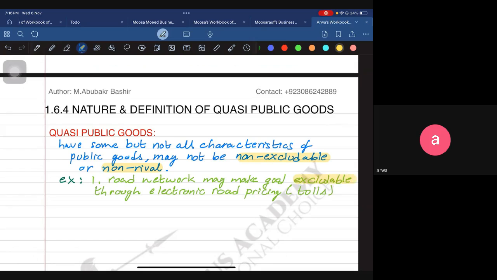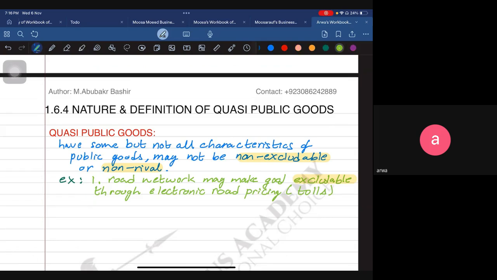So that excludability issue will be there, right? Even though it's a public good. Obviously it's from the tax money, but it's not like you are passing through it, and somebody will say, okay, fine, you are not going to use it because you have not paid for this route. That is not going to be the case.